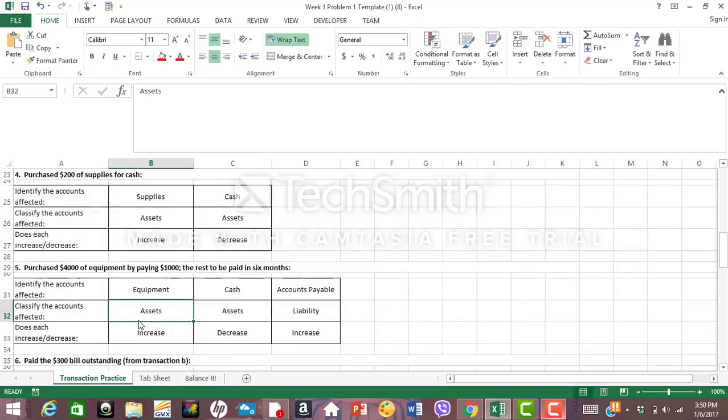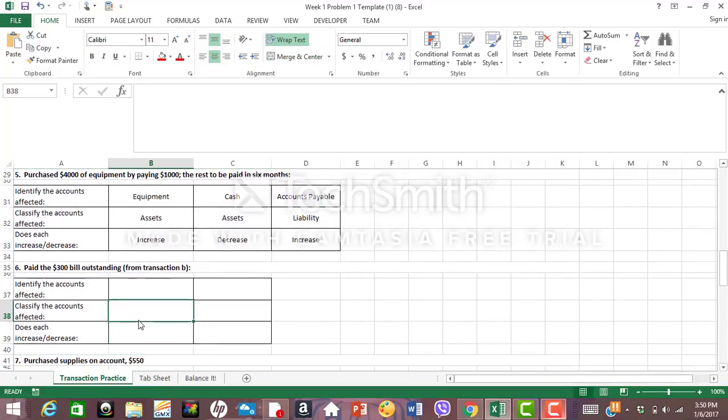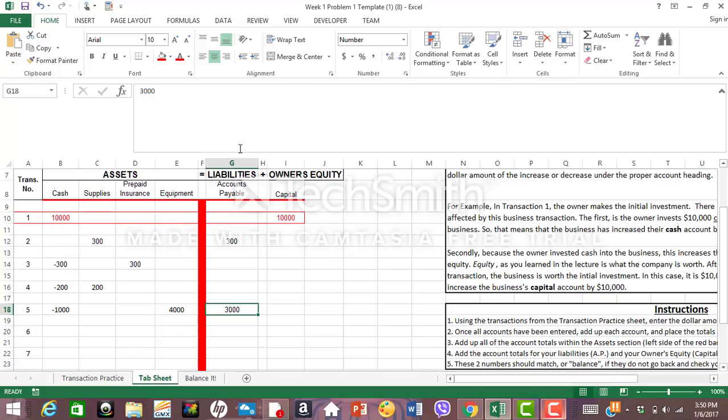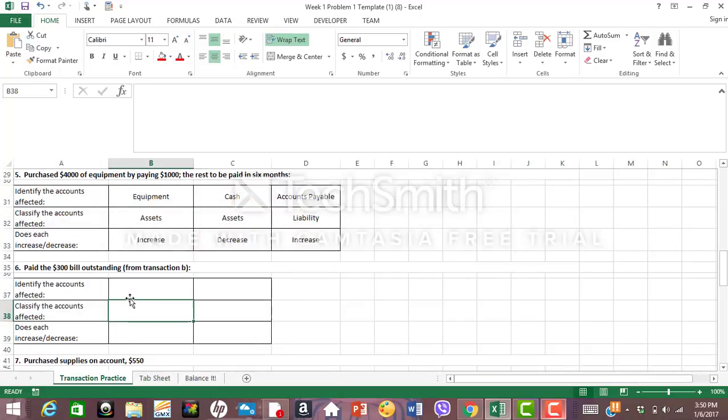Okay. The next question is question number 6. It says pay the $300 bill outstanding from transaction B. So when you look at transaction B, he got a loan to pay for supplies. So he paid that loan, and obviously you paid with cash. So cash is getting affected here, which is under assets, and it's decreasing.